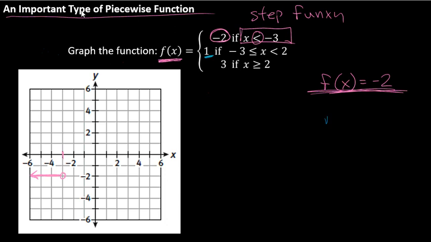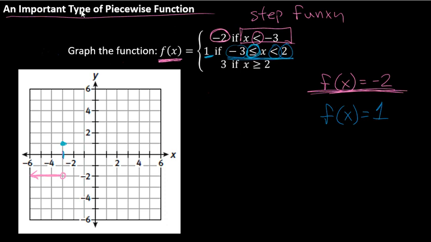Now, what about this guy? Well, f of x will equal 1 if x is greater than or equal to -3 and less than +2. So, let's look at -3 again, right here. And f of x is going to be 1, and we're going to use a closed circle because of this symbol, because of this less than or equal to.